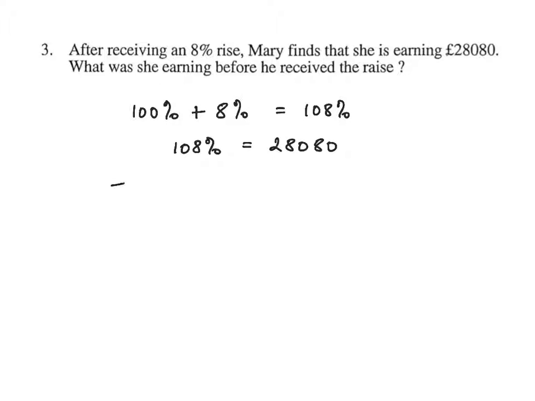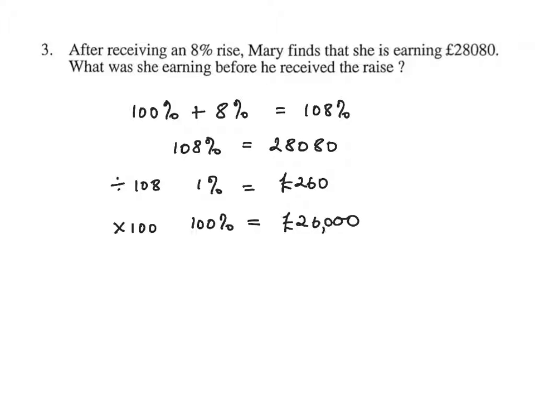What we can do then is divide by 108 to get 1%, and then multiply by 100 to get our original salary. So 1% then is £260, and multiplied by 100 we get 26,000. And that was our original salary before the increase of 8%.